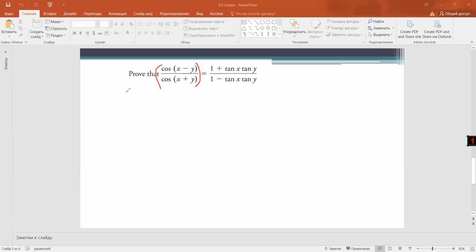And again, we're going to begin with what we know for sure: cosine x minus y over cosine x plus y. We know the addition and subtraction formulas for the cosine and sine functions. For cosine x minus y, the formula is as follows: cosine x times cosine y plus sine x times sine y.